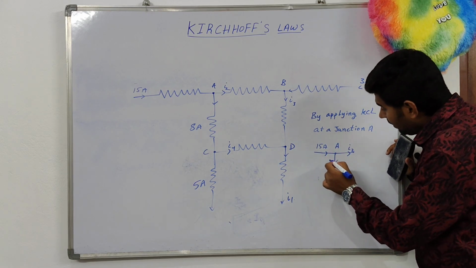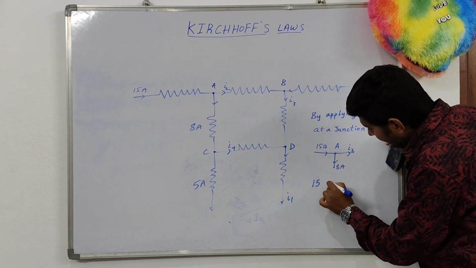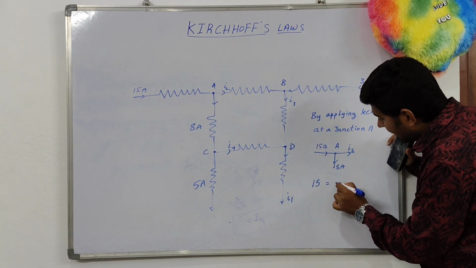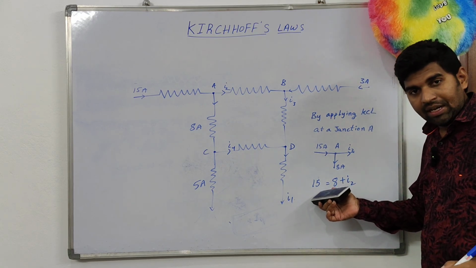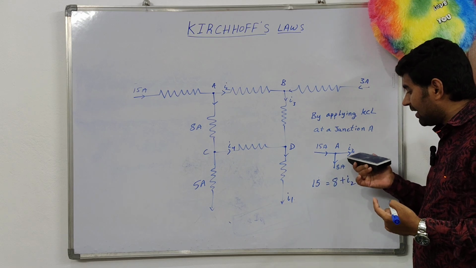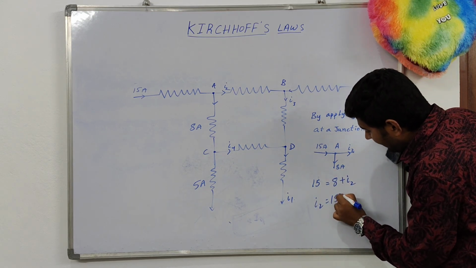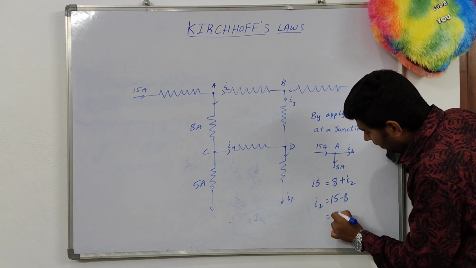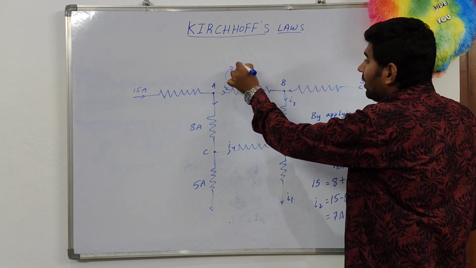How can I write here? 15 is equal to 8 plus I2. The 15 is the incoming current towards the junction, and the outgoing currents are 8 amperes and I2. From this, I2 is equal to 15 minus 8. What is the value? 7 amperes.